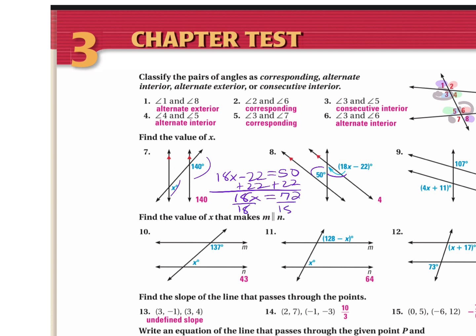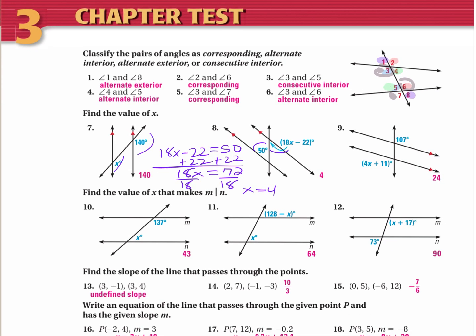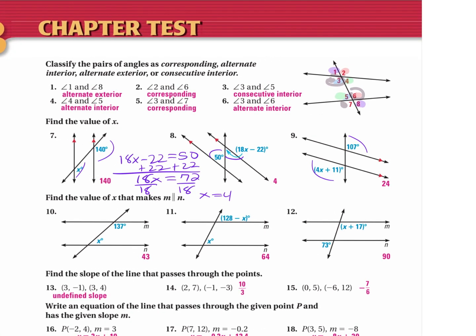Divide by 18, and x equals 4. Then for number 9, this is a pair of alternate exterior angles, which are also congruent. So 4x plus 11 equals 107. Subtract 11. 4x equals 107 minus 11, which gives me 96.